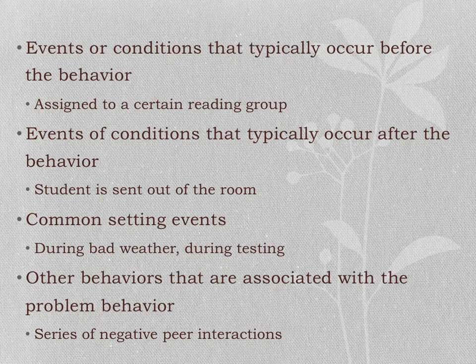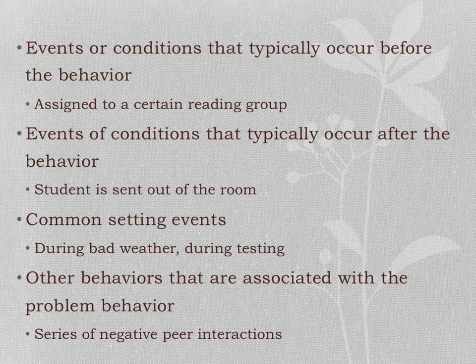We should also think about events or conditions that typically occur after the behavior. So now we are thinking about consequences. Is the student sent out of the room every time the behavior occurs? We should also look at common setting events. It could be during bad weather, during testing. So we really have to think about, is there a cause for the behavior?